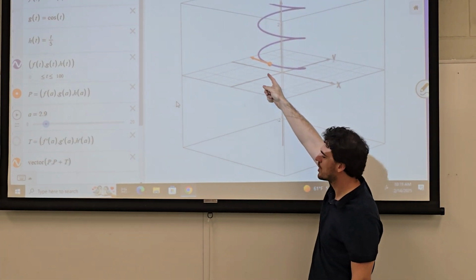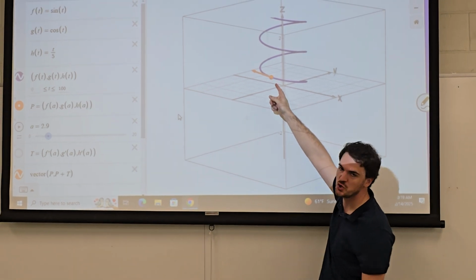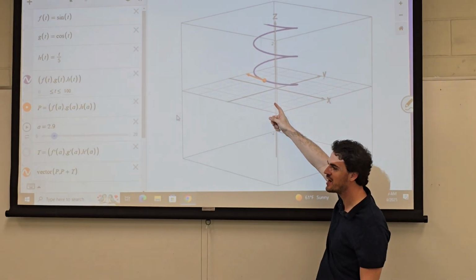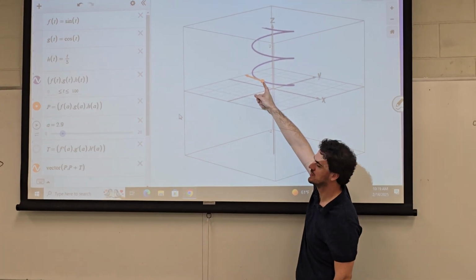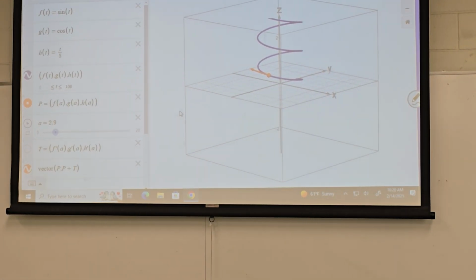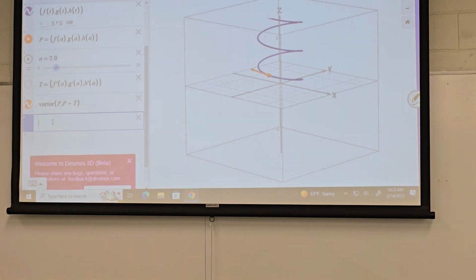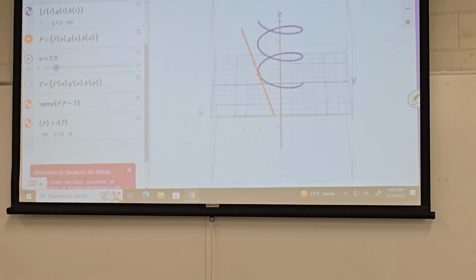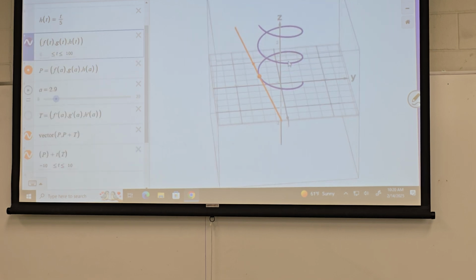So if this just gives you a direction vector and you have a point, you can make a tangent line at that point. It's going to be the same idea, and it might be easier to do it by hand, but it's still going to be the point plus t times my direction vector. And you can see you can still make a tangent line just like you did in Calc 1.